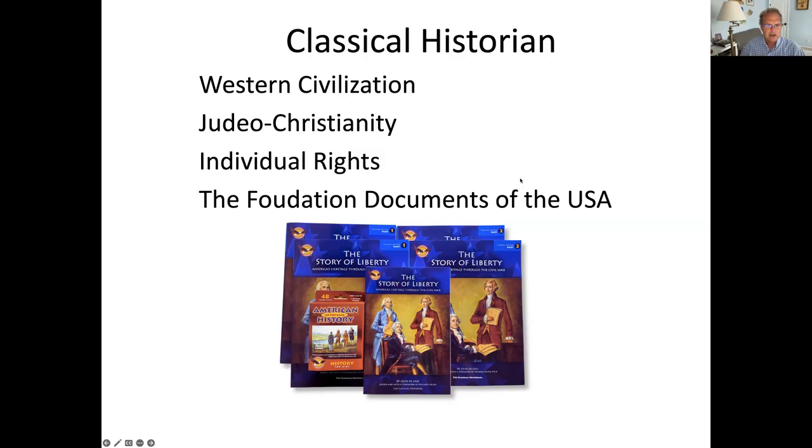Kind of like all history books before the 1900s in America were written, okay? Written with this idea of the importance of individual rights, honoring the foundation documents of the United States of America, showing our Western civilization, our history, our historical background, okay?